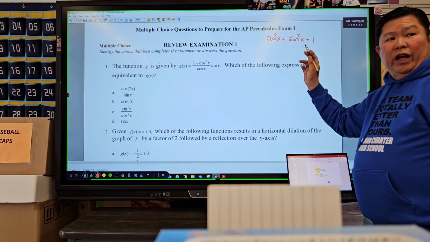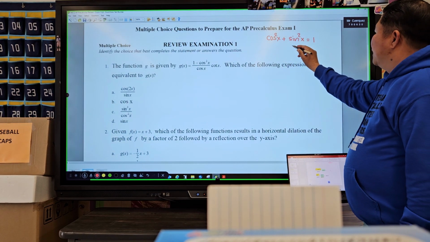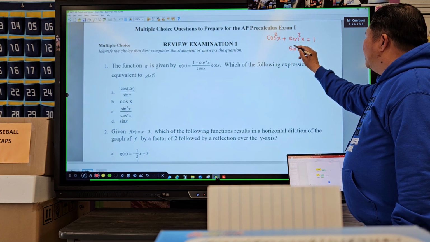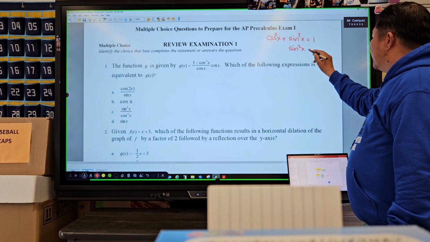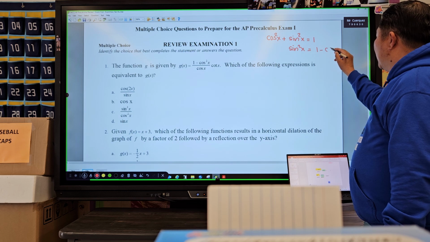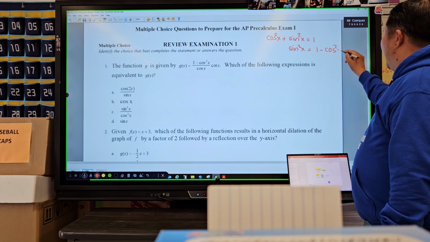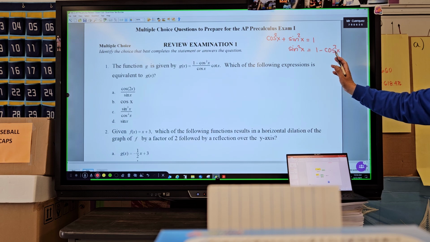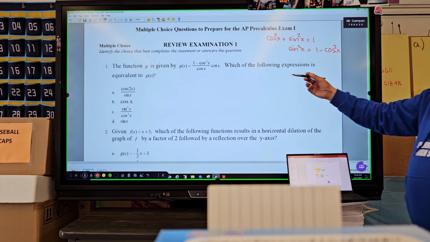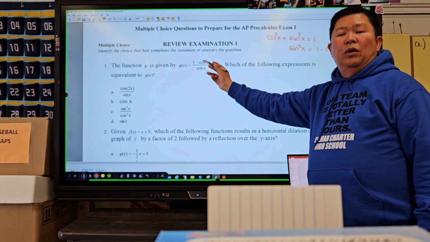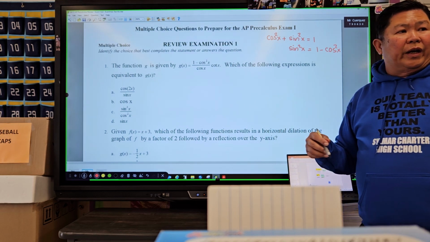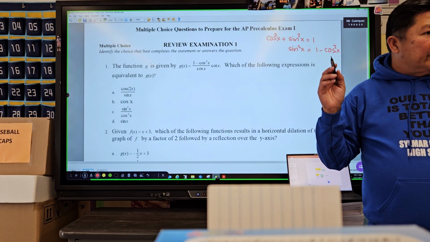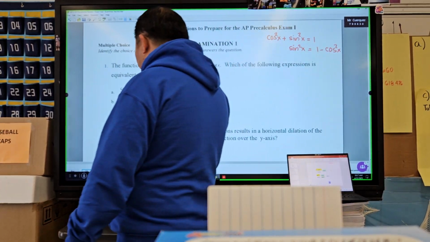So we're gonna rename that sine square x is equal to 1 minus cosine square x. Is this clear, guys? So therefore we can do the identity of this. We can change now 1 minus cosine square x into sine square x. There, guys.